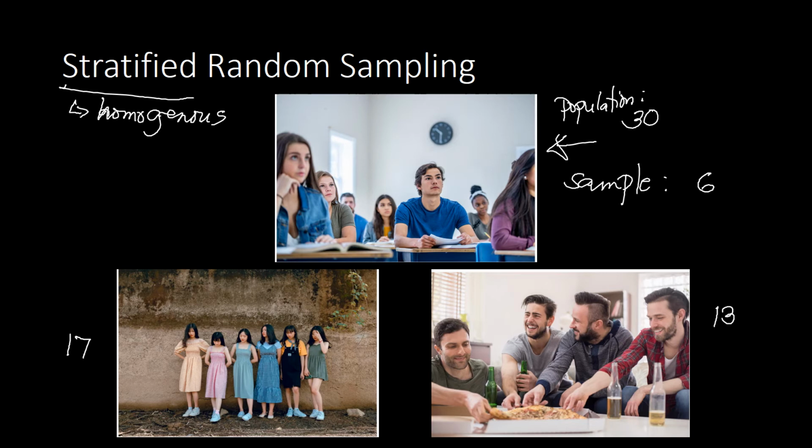So out from that, we can just simply select our sample by dividing this one by 30, that's the population, and also this one by 30. So more likely we're just getting the percentage of that one based on our population. And then we are going to multiply the result to the sample size, which is 6. And so with the other group.